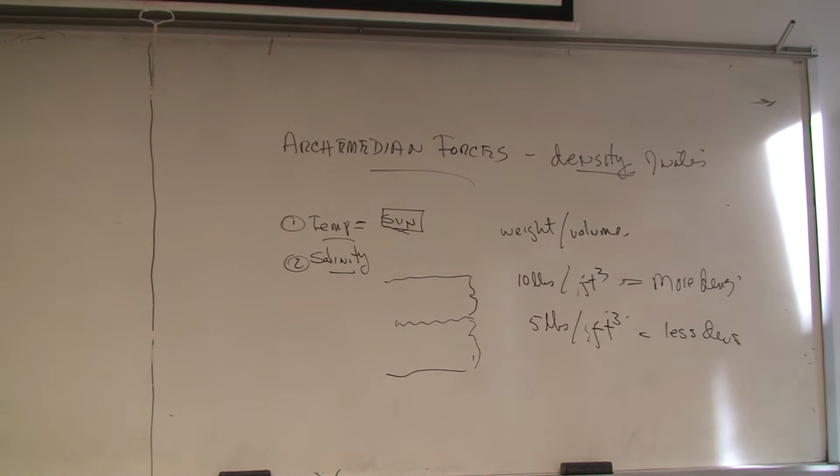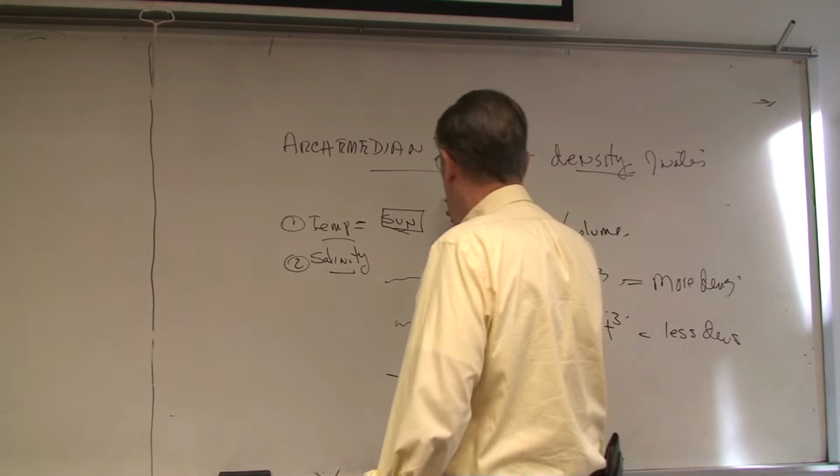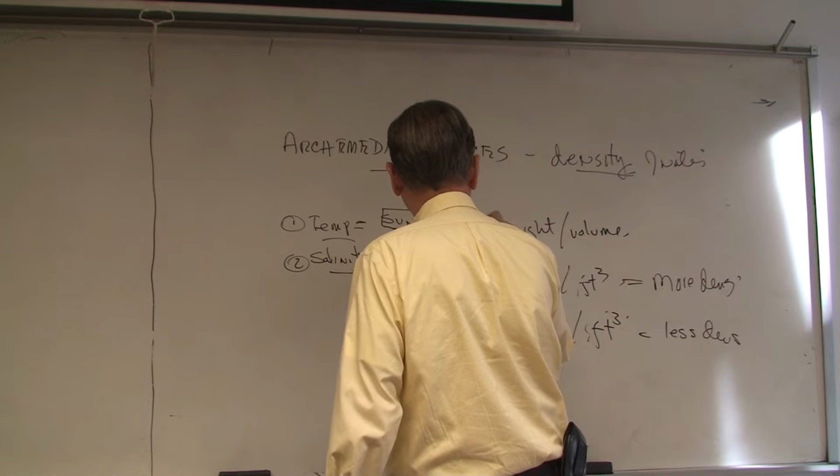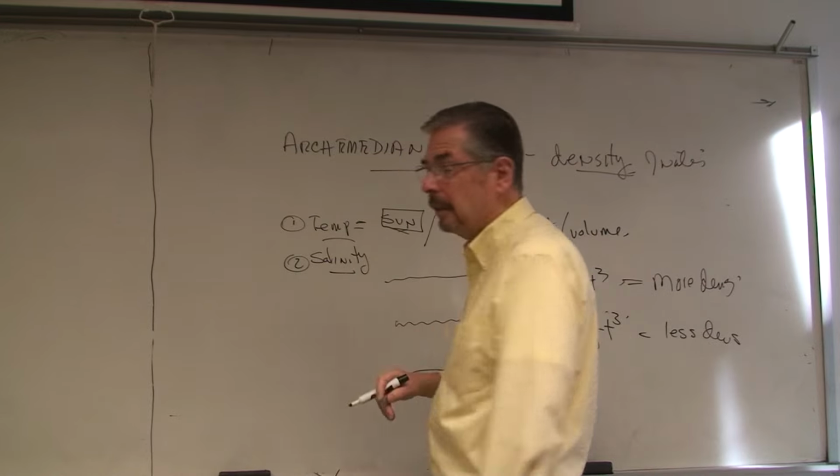Sun puts heat into the water, and makes it less dense than water that has less sun, less heat. You could also have air temperatures, which is affected by sun, but I'll make a note of it anyway.